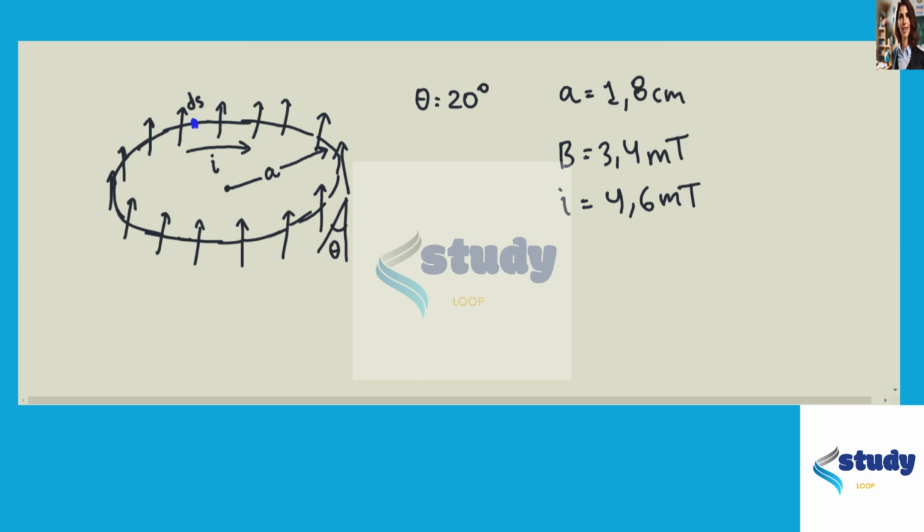And so the magnetic force on it has a magnitude that is going to be, the differential in force is going to be equal to the product of the current times the magnitude of the magnetic field times that tiny differential of the segment of the loop.